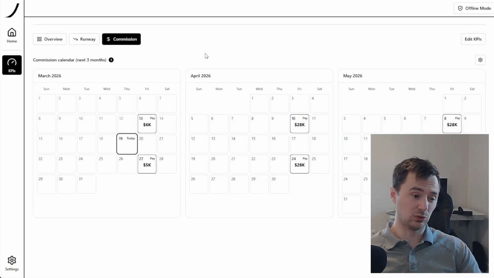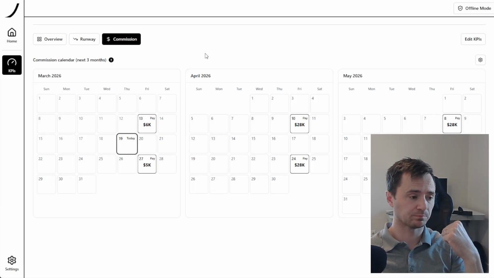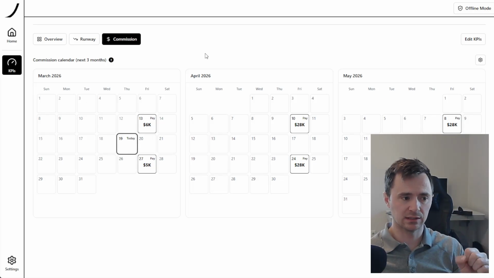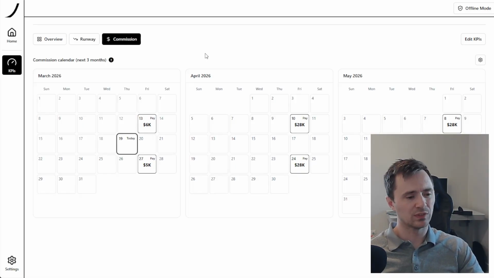But what's nice is you load your data in here, and as long as the logic built around it uses that data to assess your book of business and calculate a value of what you're likely to get paid on the cadence that you do get paid, what that's likely to be.